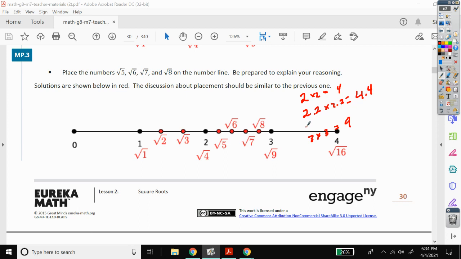It's not quite 5, so we can try 2.5 times 2.5, and that would give us a little bit bigger than 5. I don't have my calculator in front of me. So the number that multiplies by itself to equal 5 is somewhere between 2.2 and 2.5. I can keep going and going until I have a whole bunch of decimal places, but it keeps going on and on. So I encourage you to pause and try that.